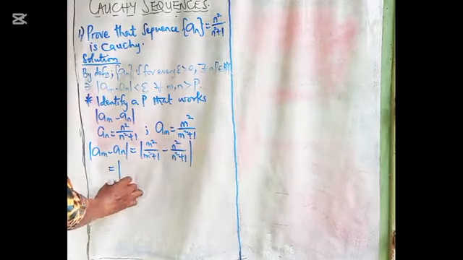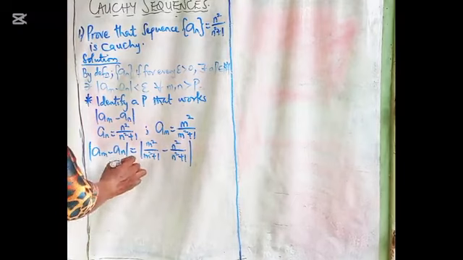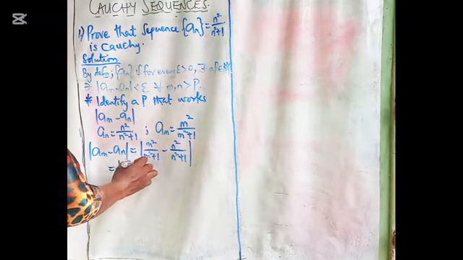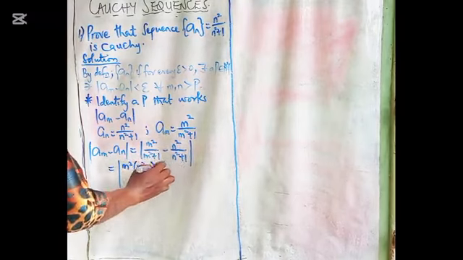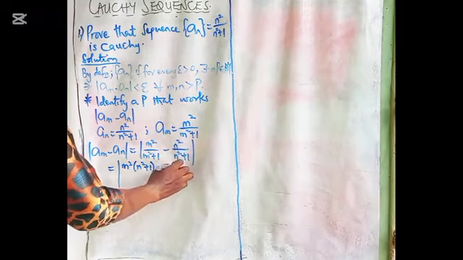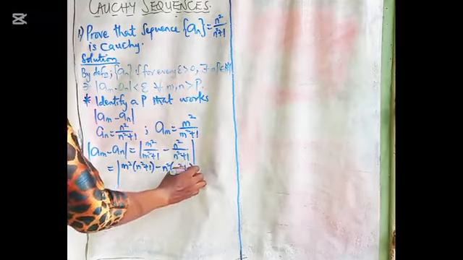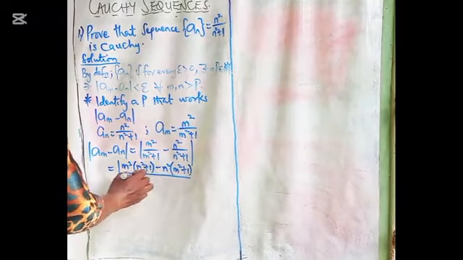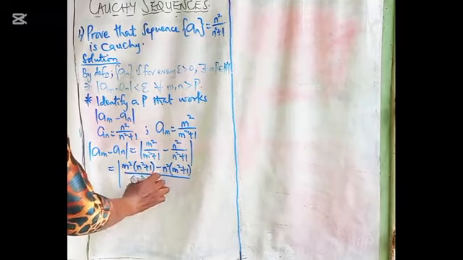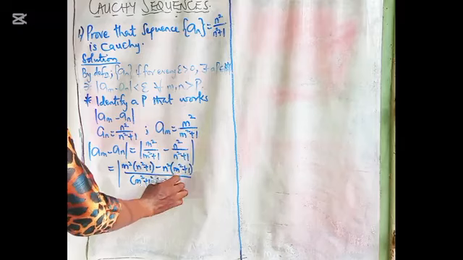And this will give us m squared into n squared plus 1 minus n squared into m squared plus 1, all over m squared plus 1 into n squared plus 1.